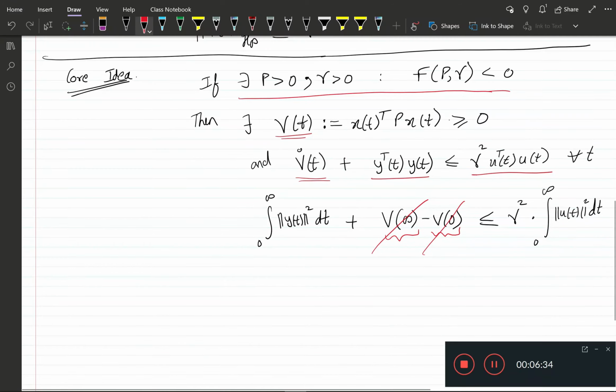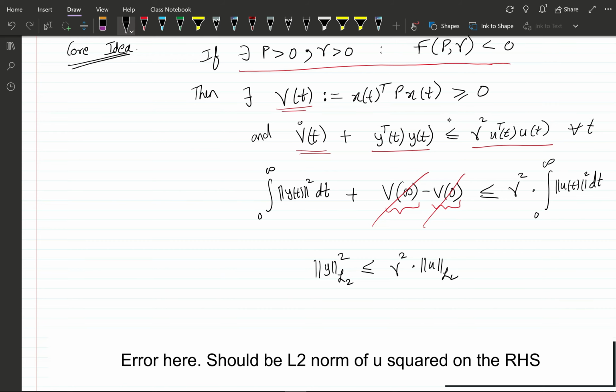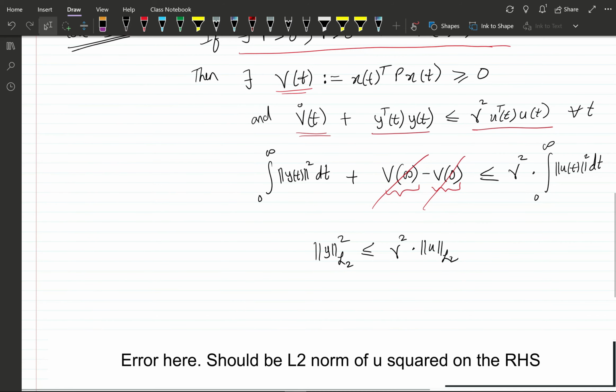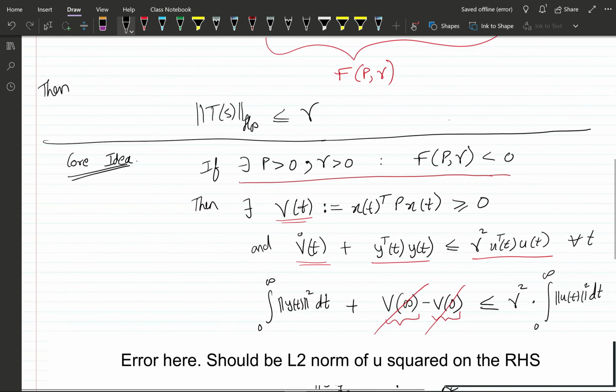So V of infinity would be 0 because of stability, and what we have then is basically the L2 norm of y squared is less than gamma squared times the L2 norm of u squared, and we know that the H infinity norm is the induced L2 norm, and so we have clearly that the H infinity norm of T of S has to be less than gamma. So that's the core idea in this LMI.